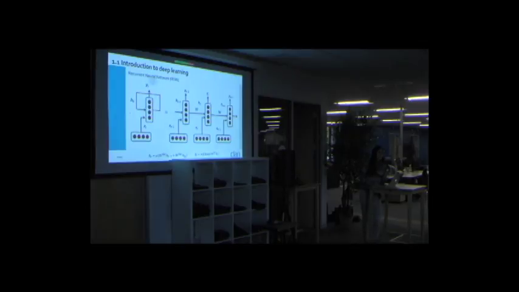However, in many cases, your input is more like sequential data. But for the feed-forward neural network, the basic assumption is that the data should be independent of each other. So that's the reason we introduced the recurrent neural network here.